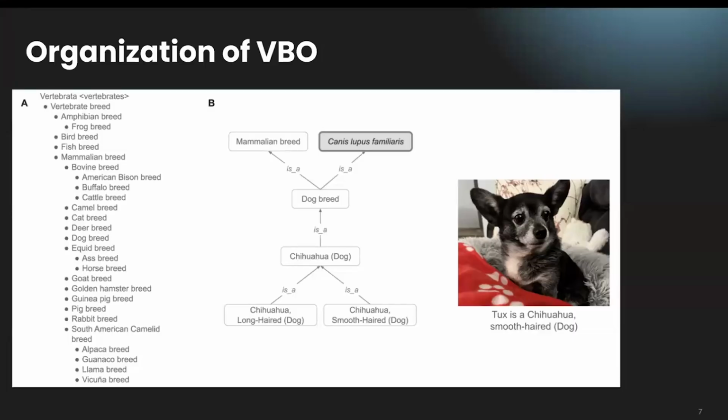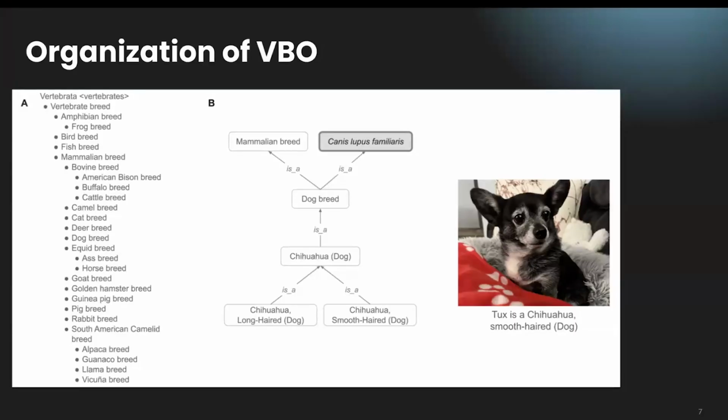If you look here in the center, this is really how the ontology is grouped. So we have a breed. For example, Chihuahua dog is classified under the main category dog breeds, and a dog breed is both a mammalian breed, but then it's also taxon Canis lupus familiaris.